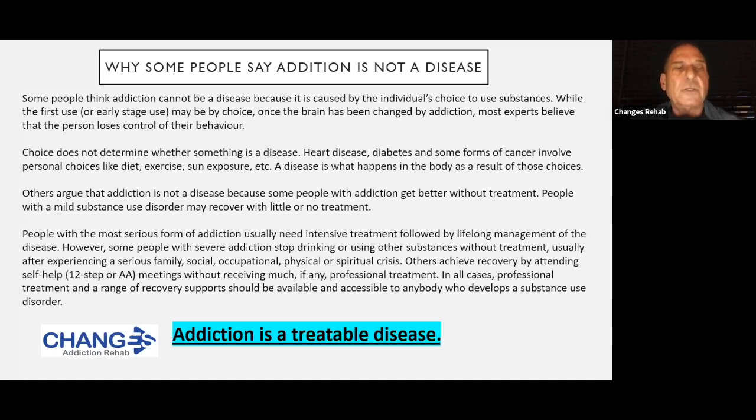Choice does not determine whether something is a disease. Heart disease, diabetes, and some forms of cancer involve personal choices like diet, exercise, sun exposure, etc. A disease is what happens to the body as a result of those choices.